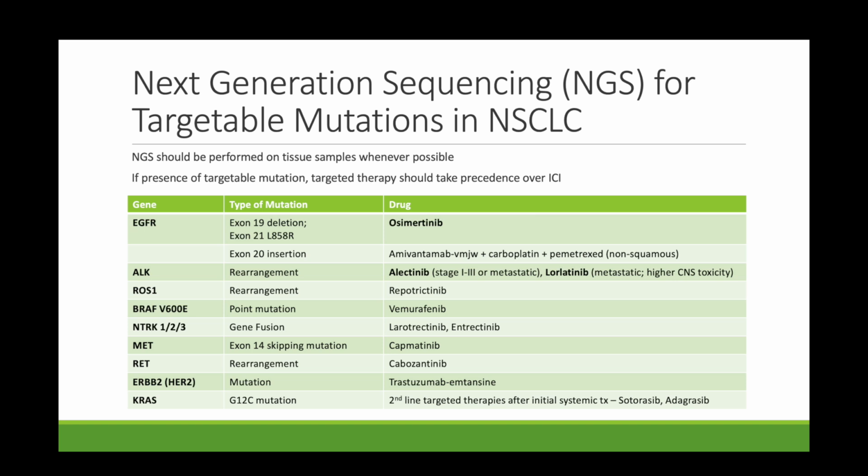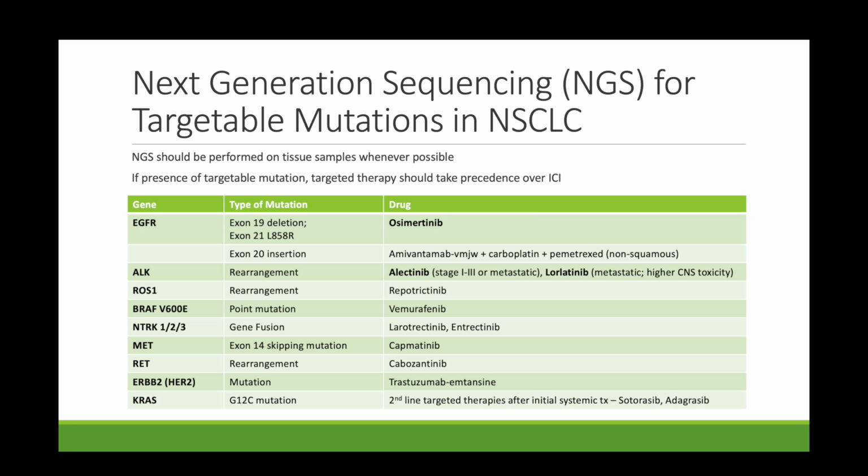Both of these types of mutations, exon 19 and exon 21 for EGFR, are targetable with a drug known as osimertinib. Osimertinib is a third-generation tyrosine kinase inhibitor that irreversibly inhibits the activity of EGFR. There are first and second-generation TKIs as well.